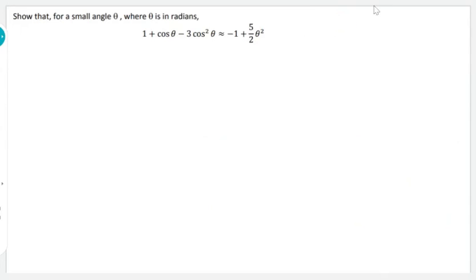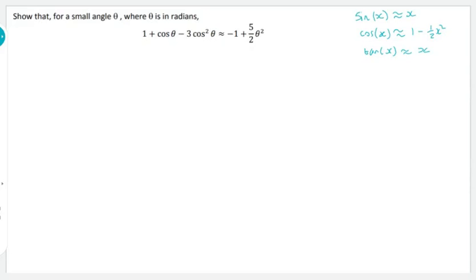Again, it uses the fact that when x is small, sine x is approximately equal to x, cos x is approximately equal to 1 minus a half x squared, and tan x is approximately equal to x. I'd say maybe collaborate between the two of you before I intervene.